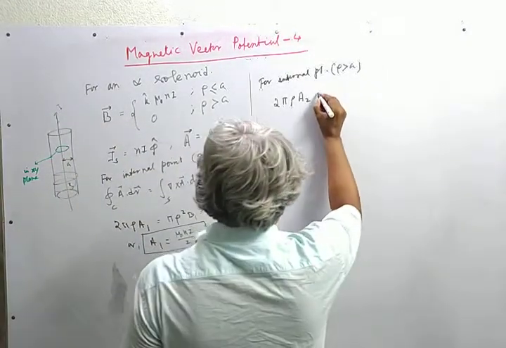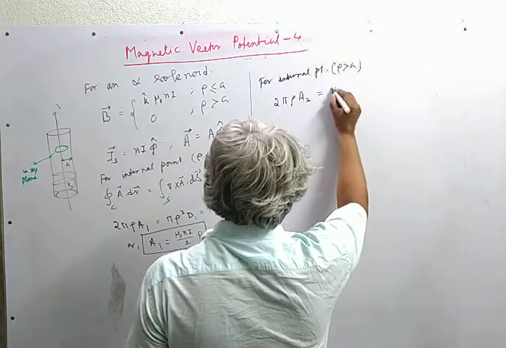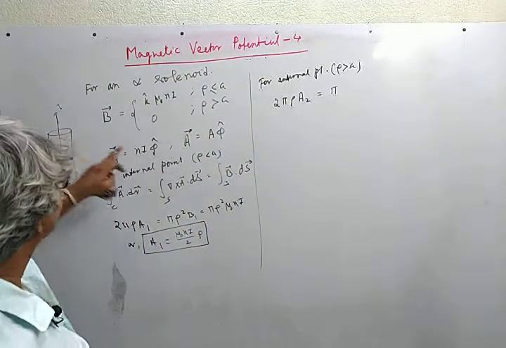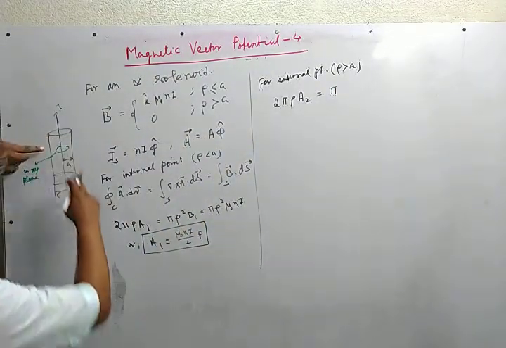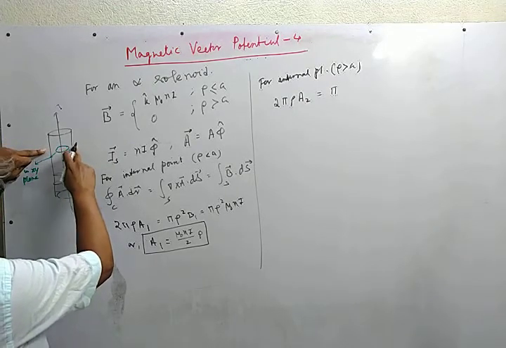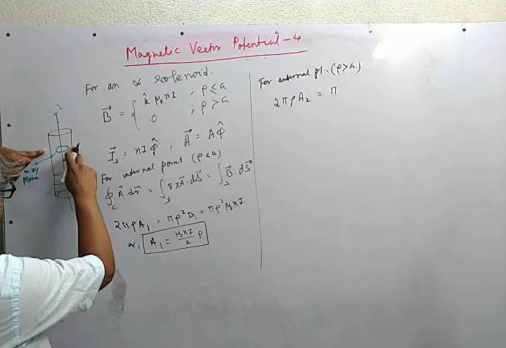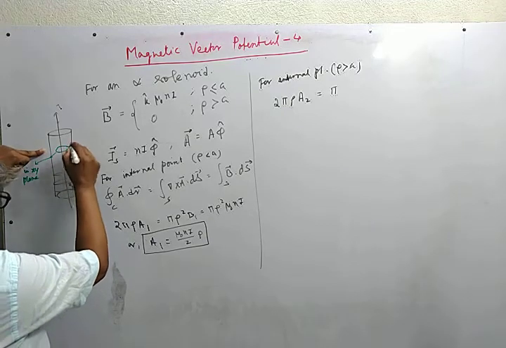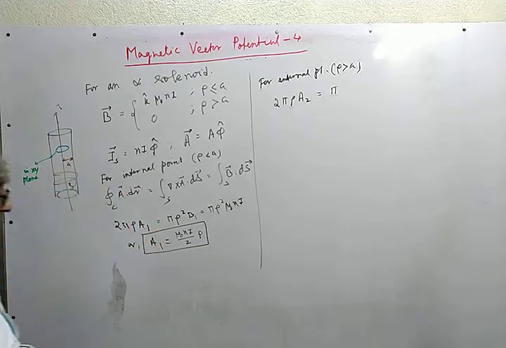In this case the flux is linked only up to a circle of radius A, and for the annular ring from radius A to rho, no flux is linked.